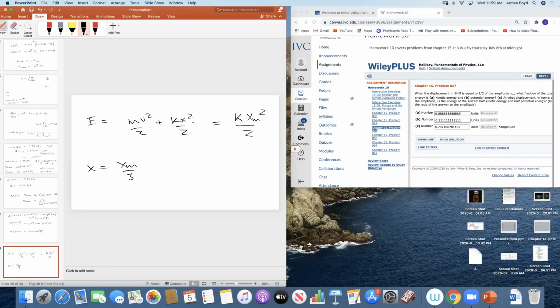So if x is equal to a third of xm, right? One way you can do this is you can figure out that kx squared over 2 over kxm squared over 2 is equal to, the k's all cancel, right? And the 2's cancel. And x is xm over 3, squared, over xm squared.